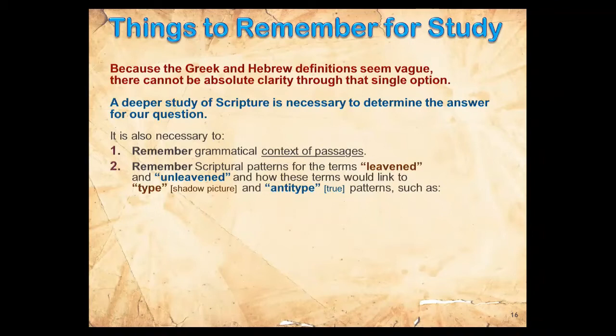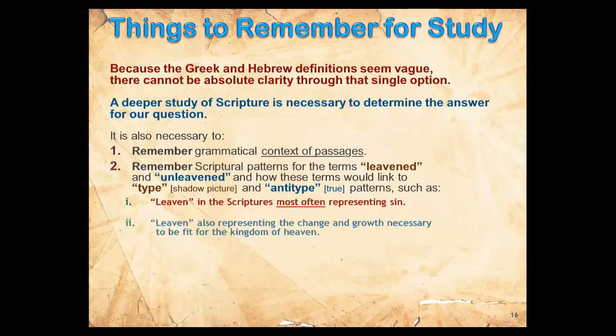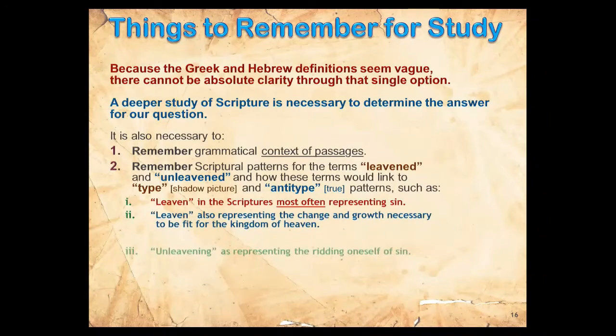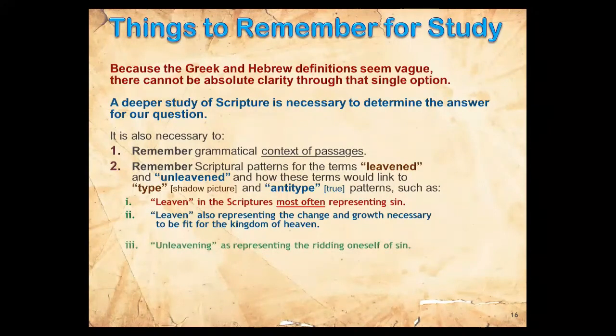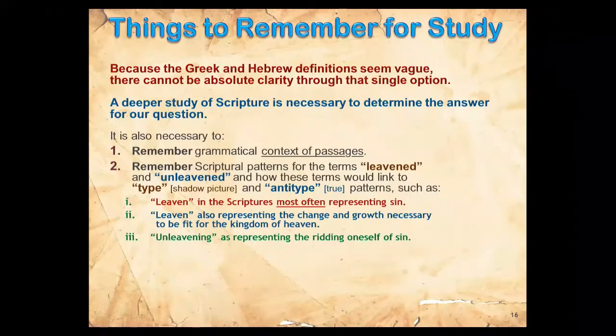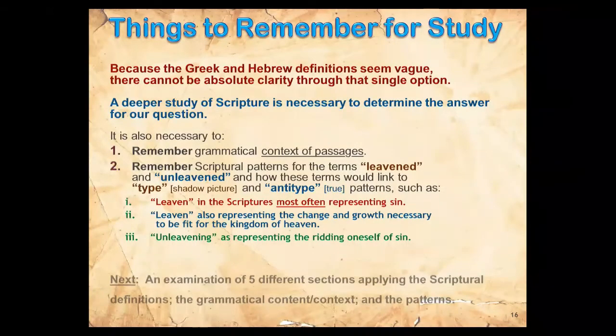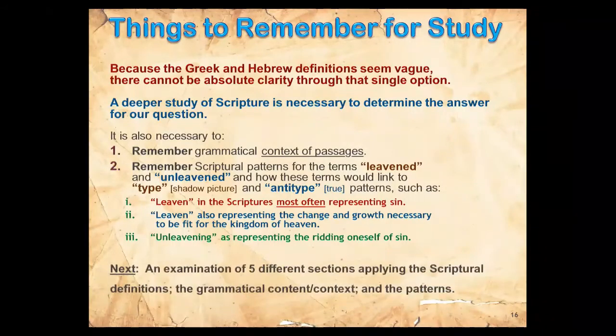So we need to put these type and antitype patterns together, such as, number one, leaven in the scriptures most often represents sin. Number two, leaven also representing the change and the growth necessary to be fit for the kingdom of heaven. So leaven can also mean being fit for the kingdom of heaven. And number three, unleavening as a result of representing ridding of oneself of that sin.